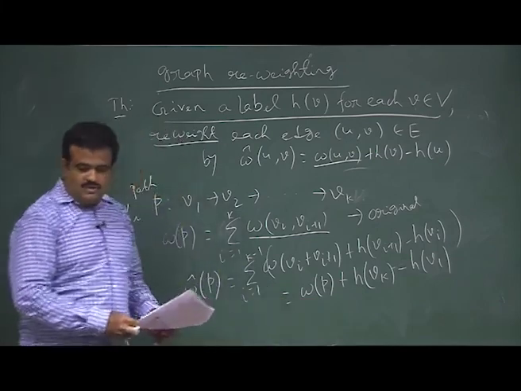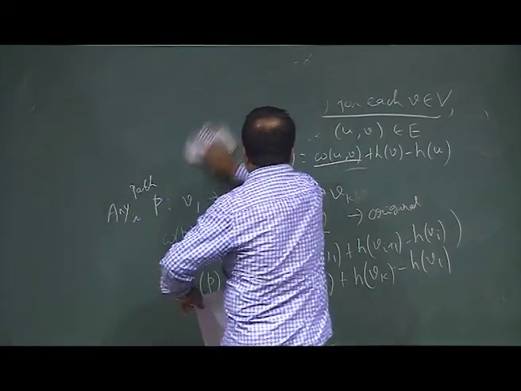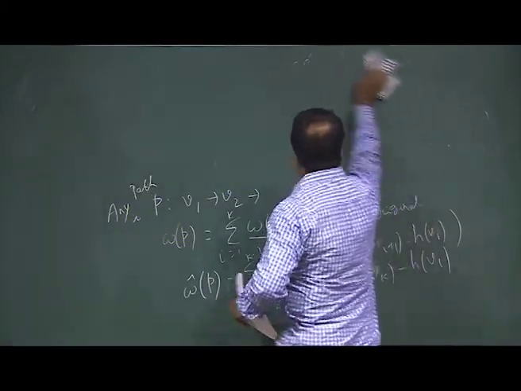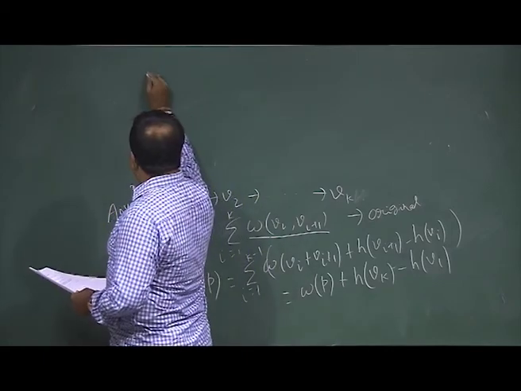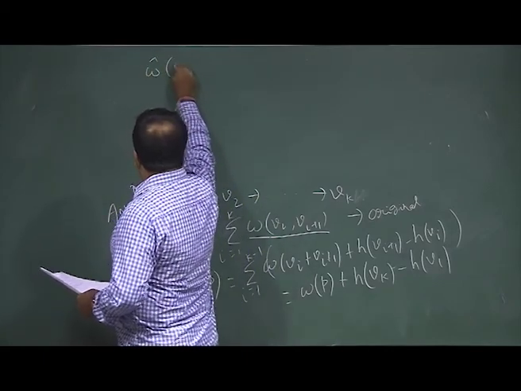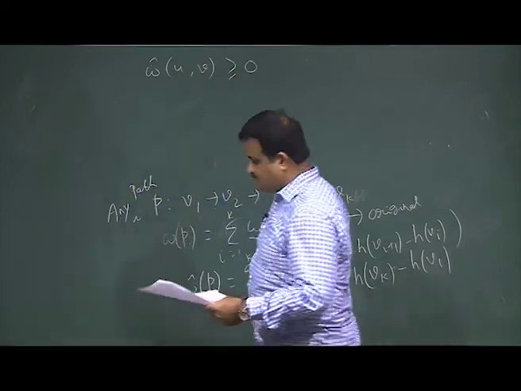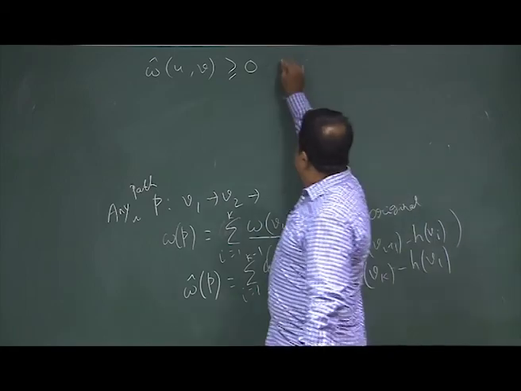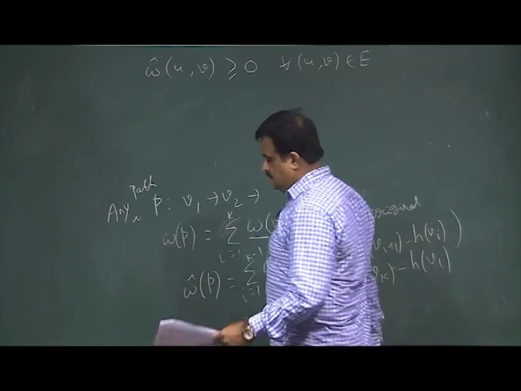We want to choose the labeling in such a way that for all the edges uv belonging to E, the new weight must be greater than 0.